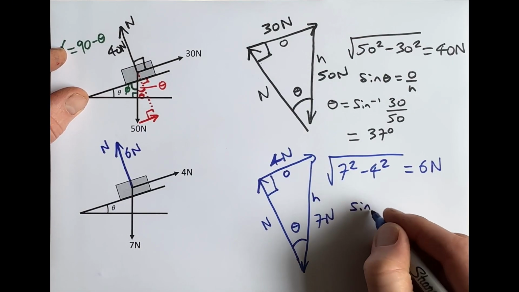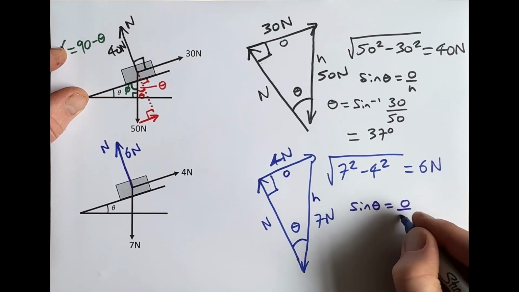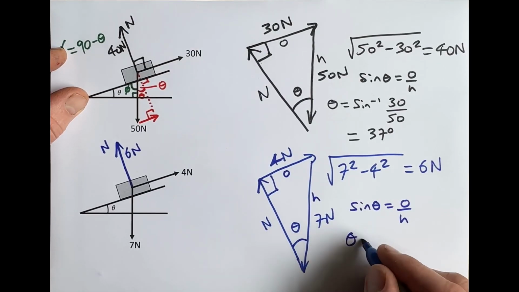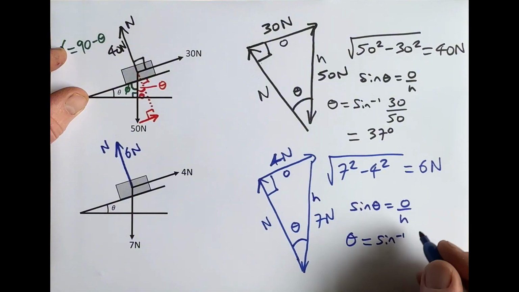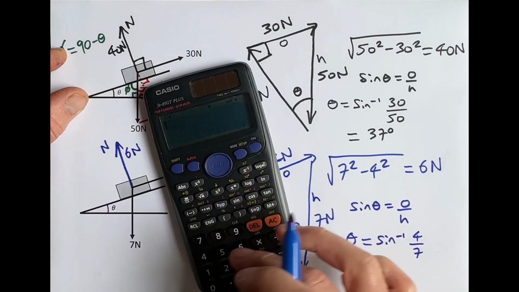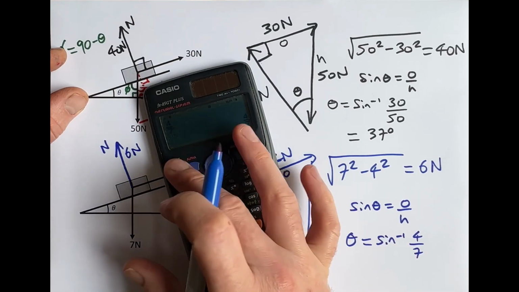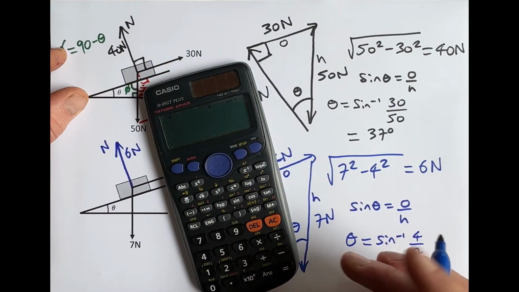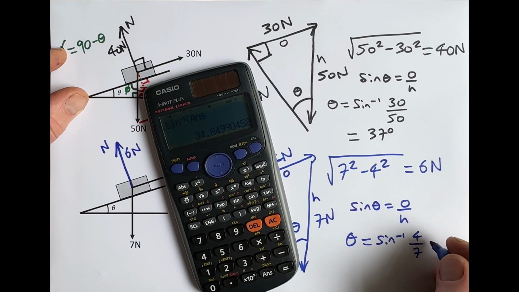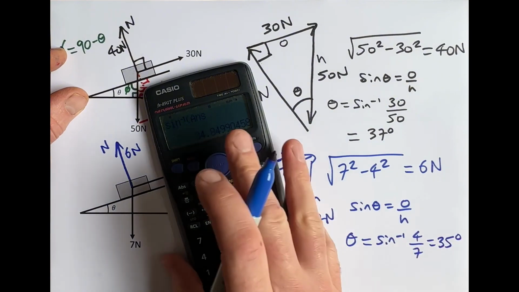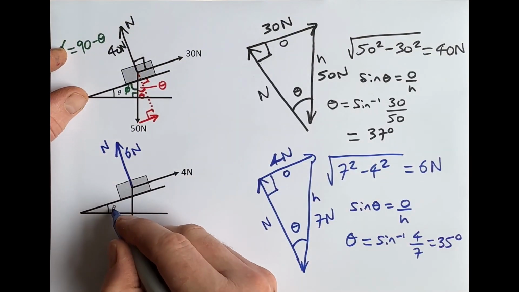So sine theta equals opposite over hypotenuse. Therefore theta equals sine to the -1 of 4 over 7. So if we do 4 over 7 and then sine to the -1 of that, we're going to get 34.8. So that would round up to 35 degrees. Okay, this angle here is 35 degrees.